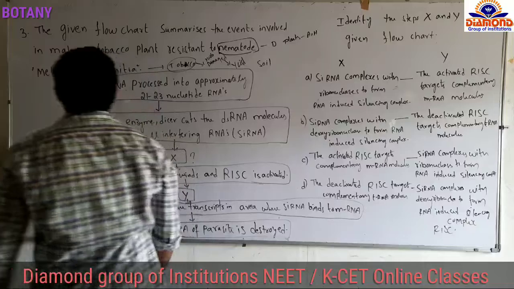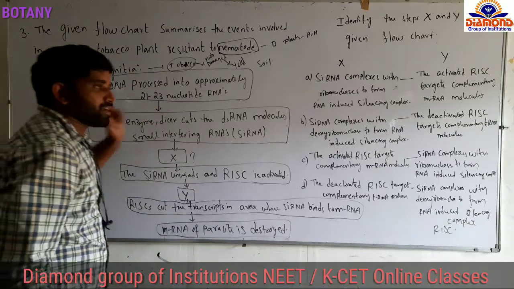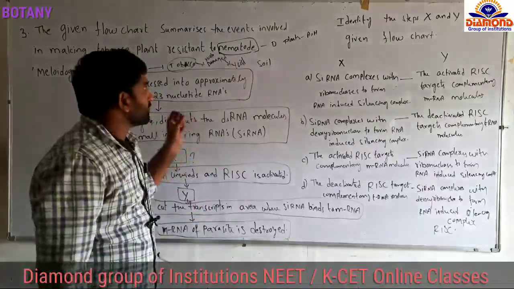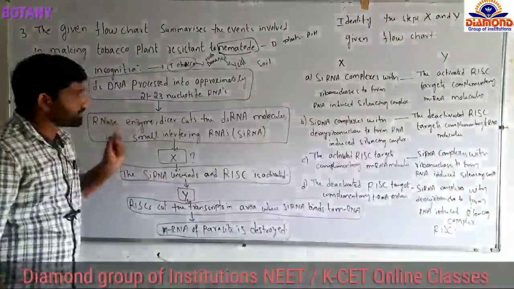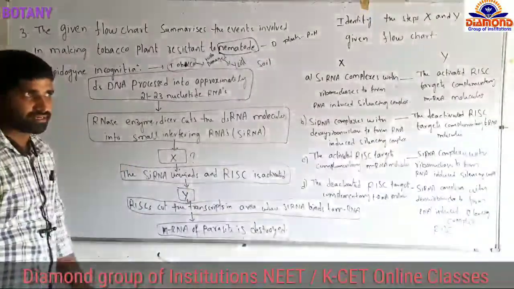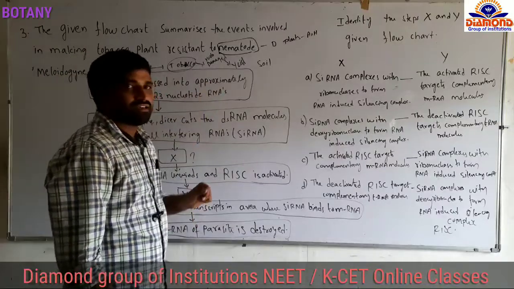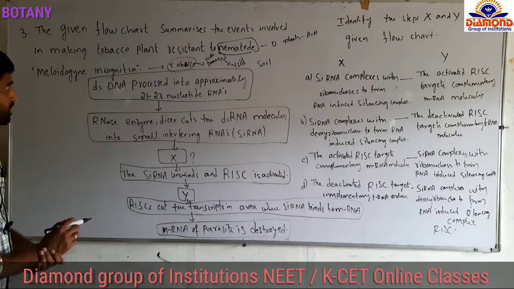The concept of this flowchart belongs to RNA interference. So we have to reduce the infection of the Meloidogyne incognita nematode in the tobacco plant, and using biotechnology we can control it.